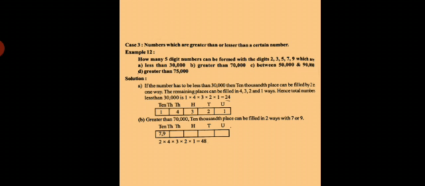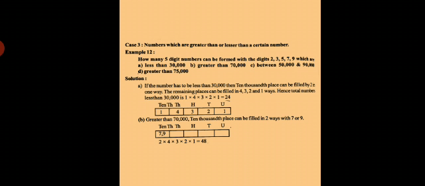So the total numbers less than 30,000: just multiply all the numbers in the blocks, that is 1 into 4 into 3 into 2 into 1, which equals 24. Means we have 24 five-digit numbers which are less than 30,000.